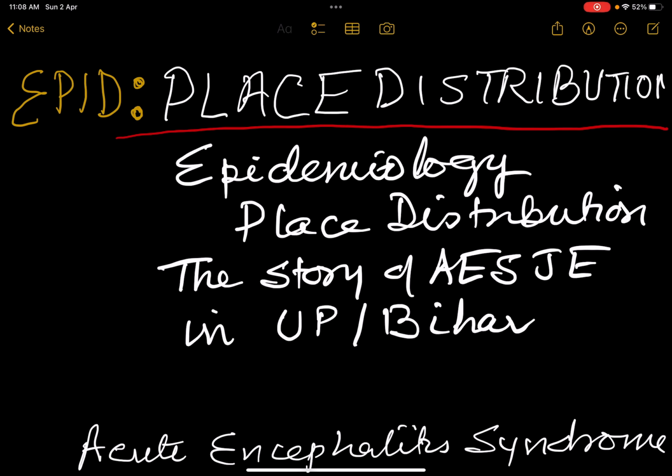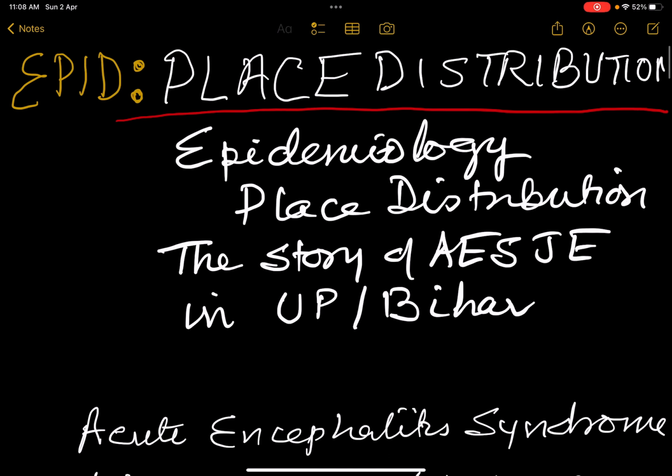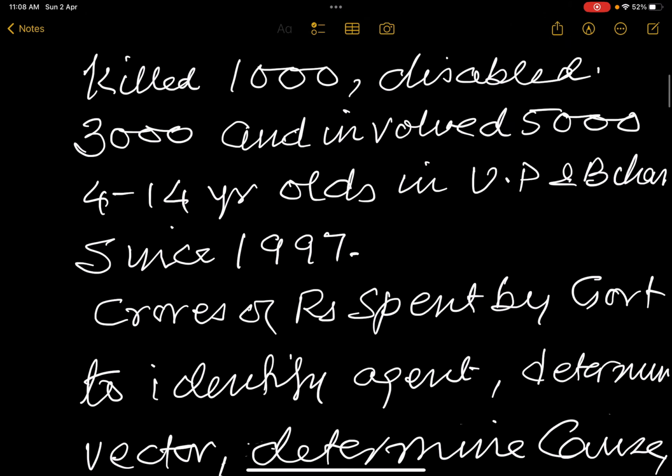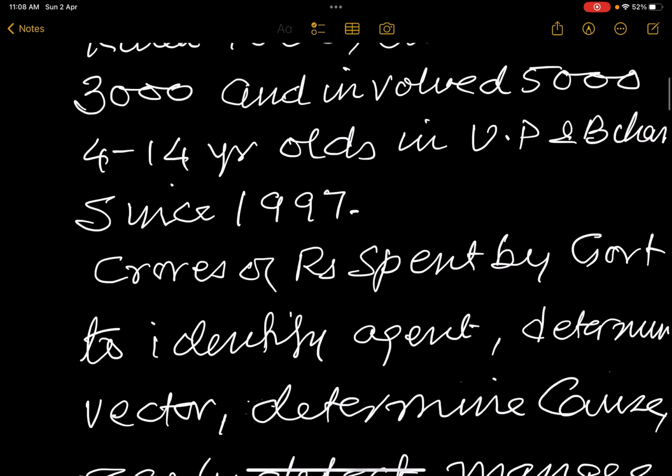So, this is the story of acute encephalitis syndrome and Japanese encephalitis in UP and Bihar. Acute encephalitis syndrome killed 1,000, disabled 3,000, and involved 5,000 4 to 15-year-olds in UP and Bihar since 1997.